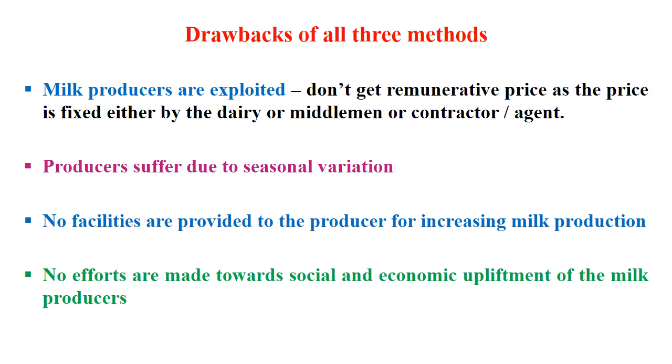So this method of collection does not support the farmer by any other means to rear their dairy cows better, for their breeding, feeding, management, healthcare, etc. There is no kind of support to the farmers. That's a major drawback. And finally, no efforts are made towards the social and economic upliftment of the milk producers. So this is another drawback. Altogether, this old method of collection of milk was not encouraging to the farmers or to the dairy development.